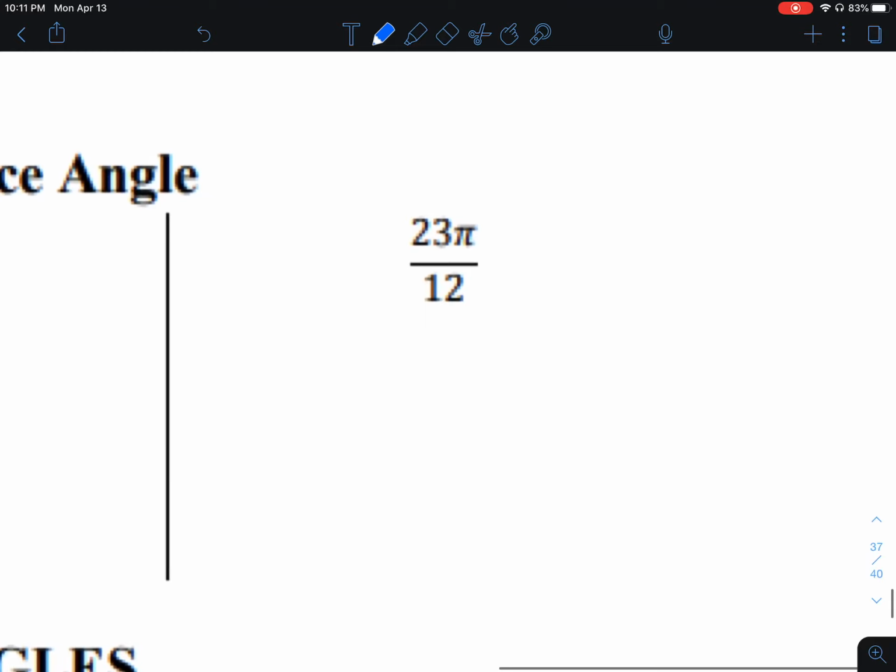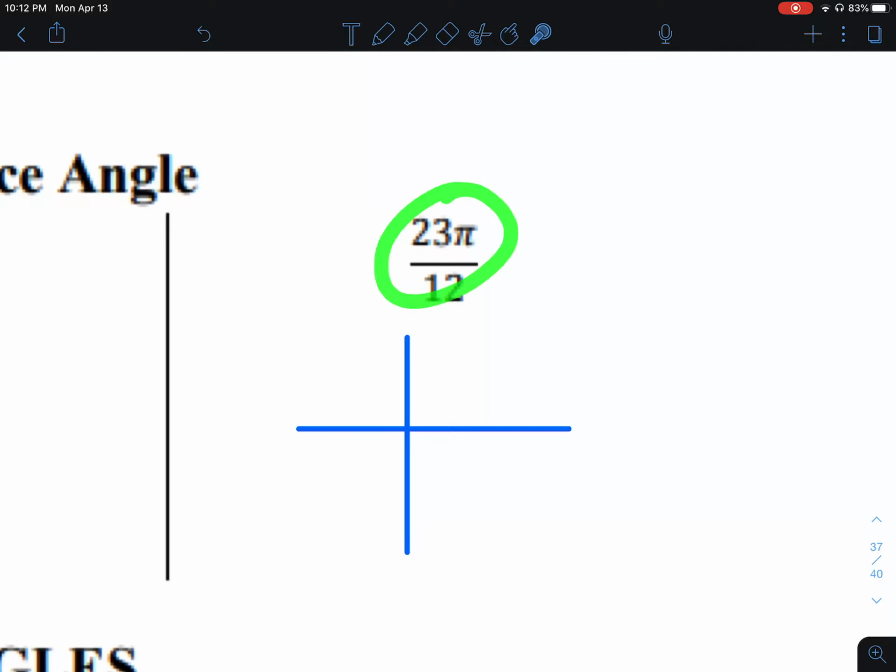This last one, we got 23 pi over 12. This is in radians. So we need to figure out where this is going to fall. Let's mark our quadrantal angles by using pi over 12s. On the positive x-axis is 0 pi over 12. Make a complete revolution, it's 24 pi over 12.